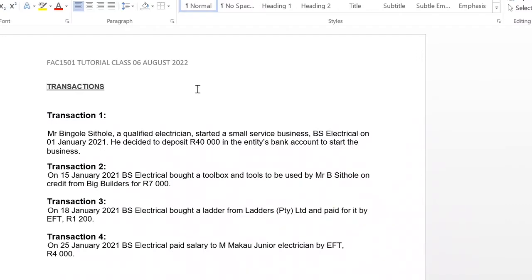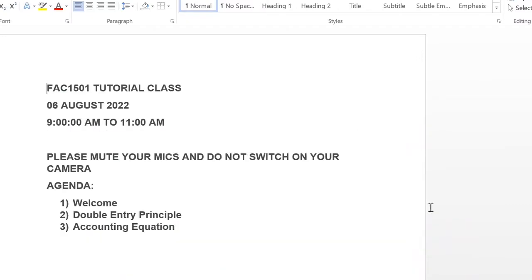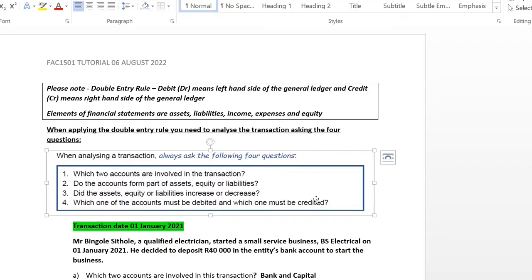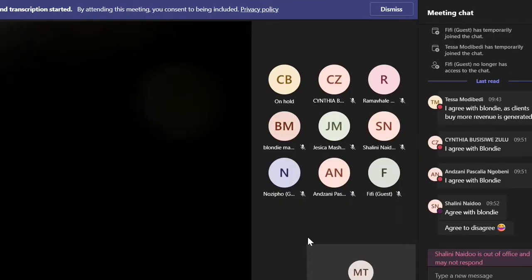Okay, I'm going to ask the question again. When analyzing these 4 points, remember, I'm asking regarding these 4 questions when you want to determine the double entry rule. Number 4 was: which one of the accounts must be debited, which one must be credited.